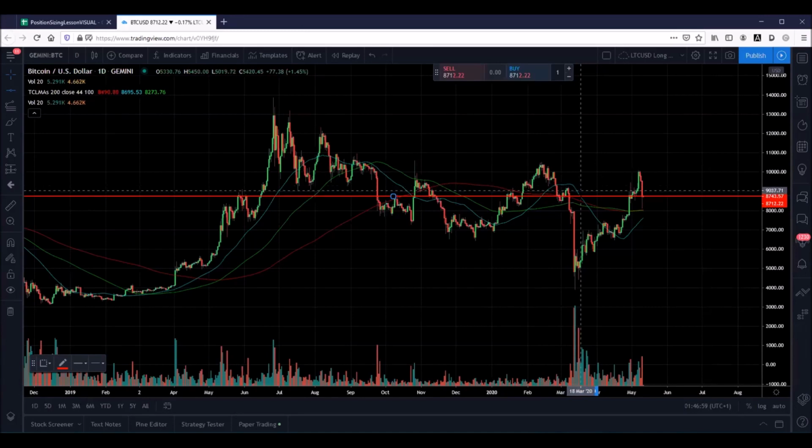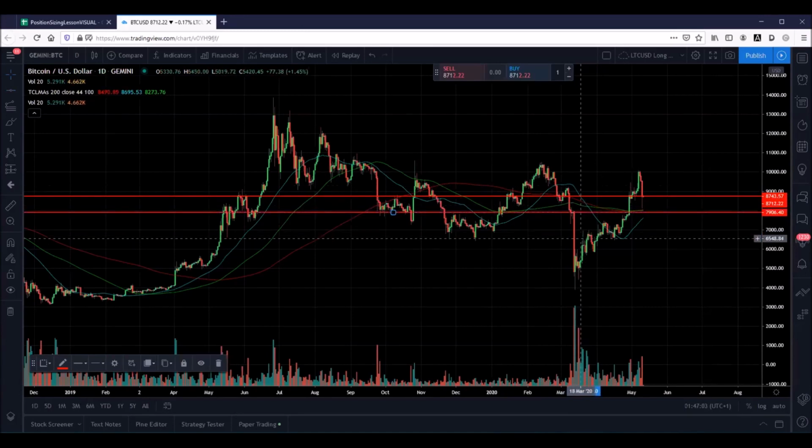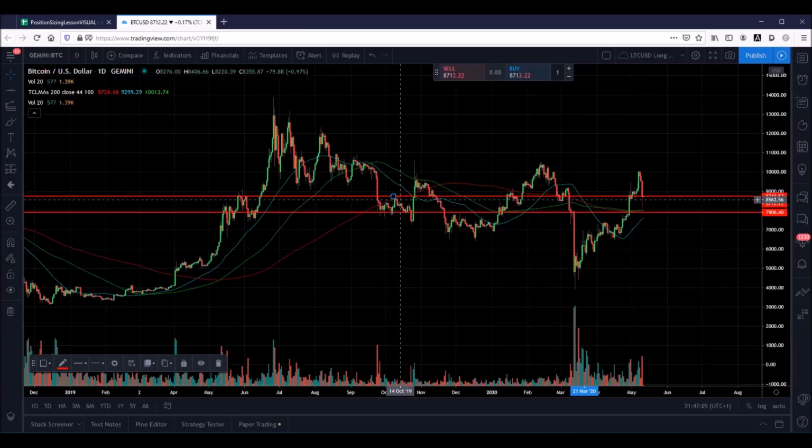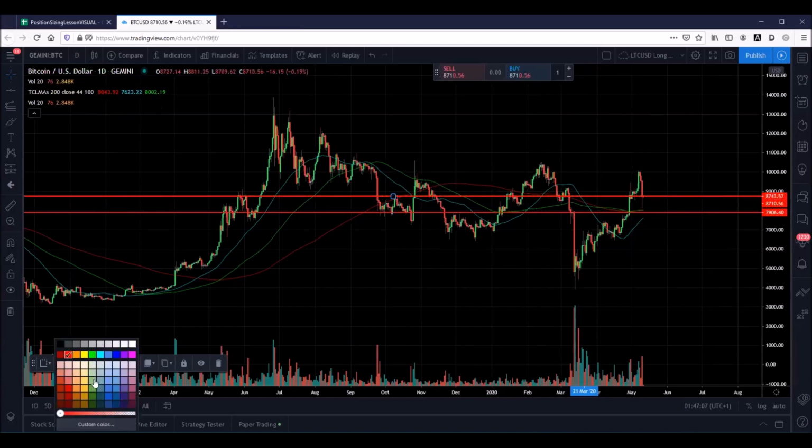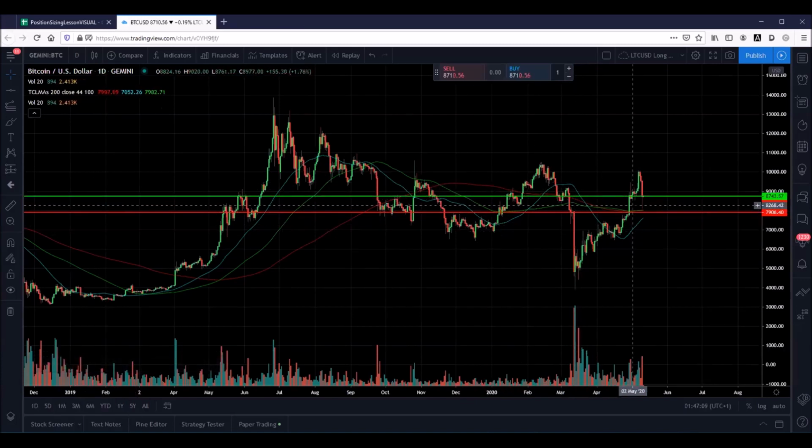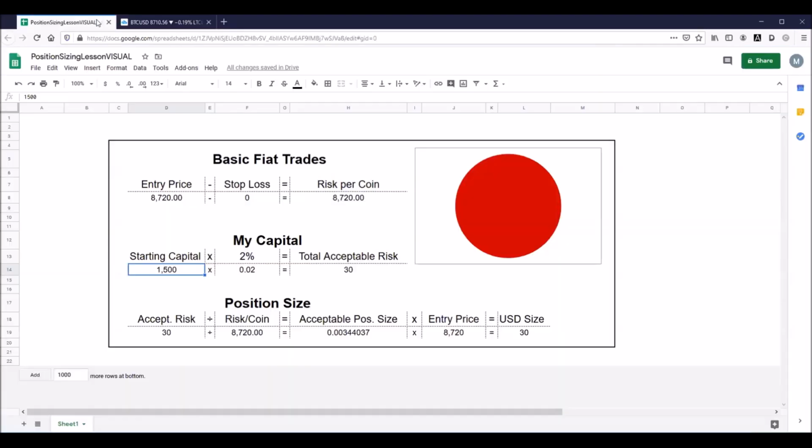Let's say I'm going to be very aggressive, and I'm going to put my stop loss under this wick and these moving averages. And I'm going to turn my entry green just for sake of making this easier on my eyes. Green entry, red stop. My stop I just placed, 79.06.